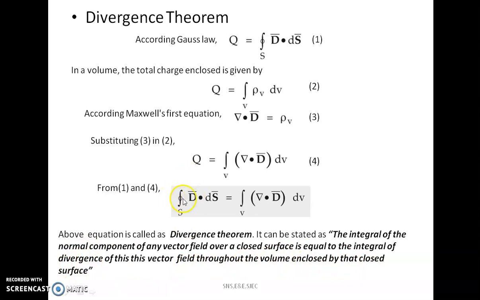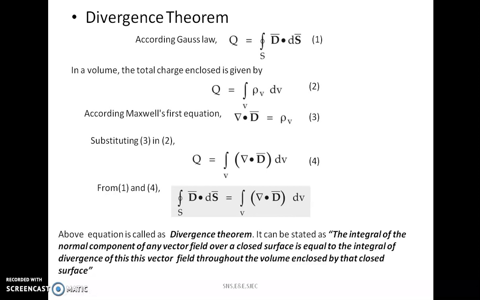So the surface integral can be converted into a volume integral using the divergence theorem.